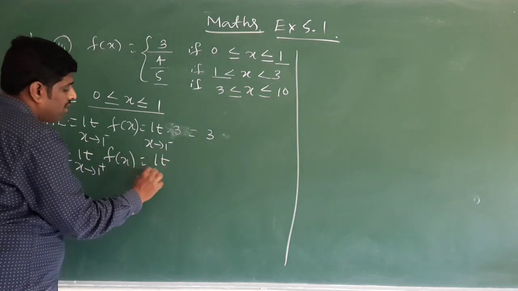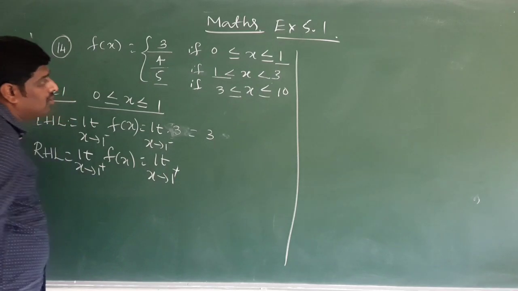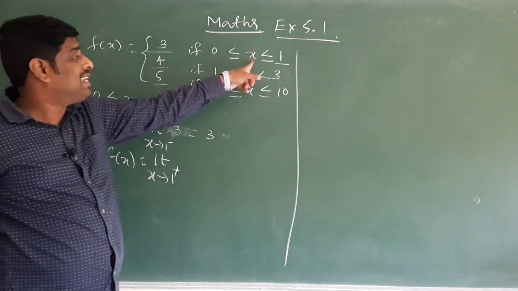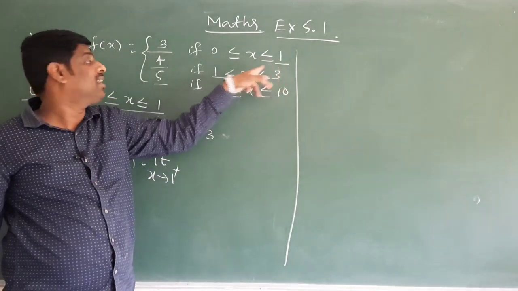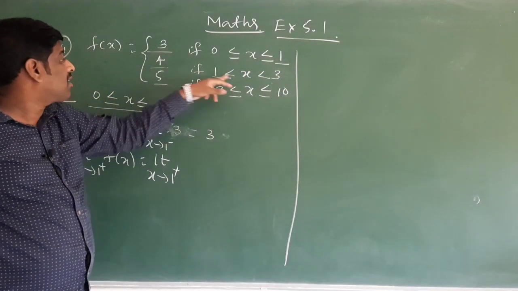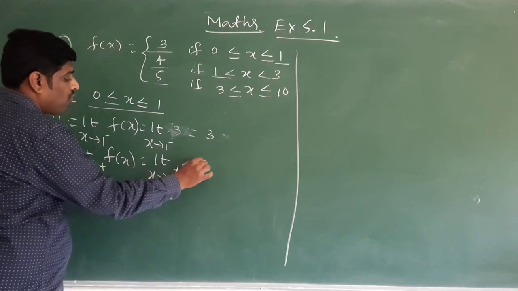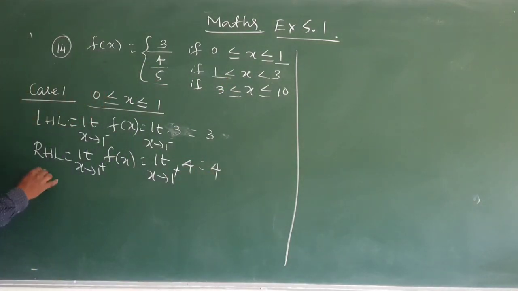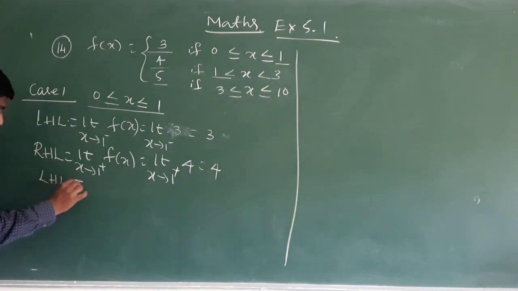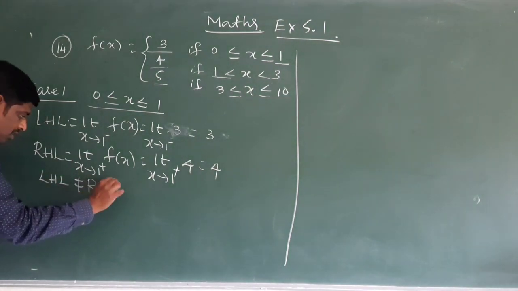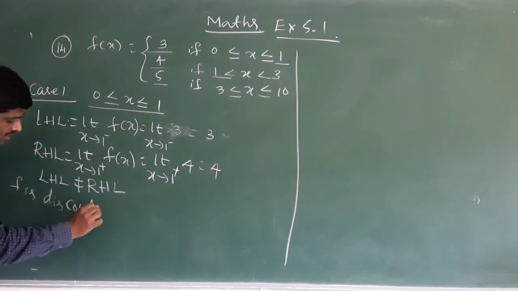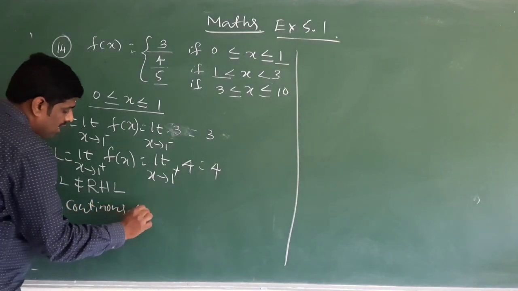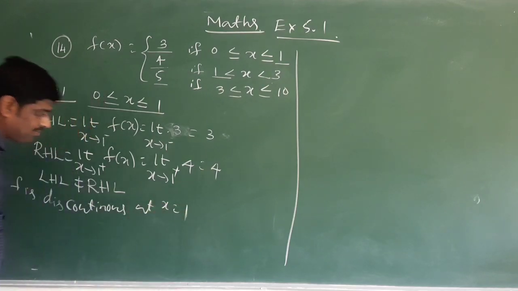What is f of x for x greater than 1, less than 3? It is 4. Limit of 4 is 4. Therefore, LHL is not equal to RHL. Therefore, f is discontinuous at x is equal to 1.